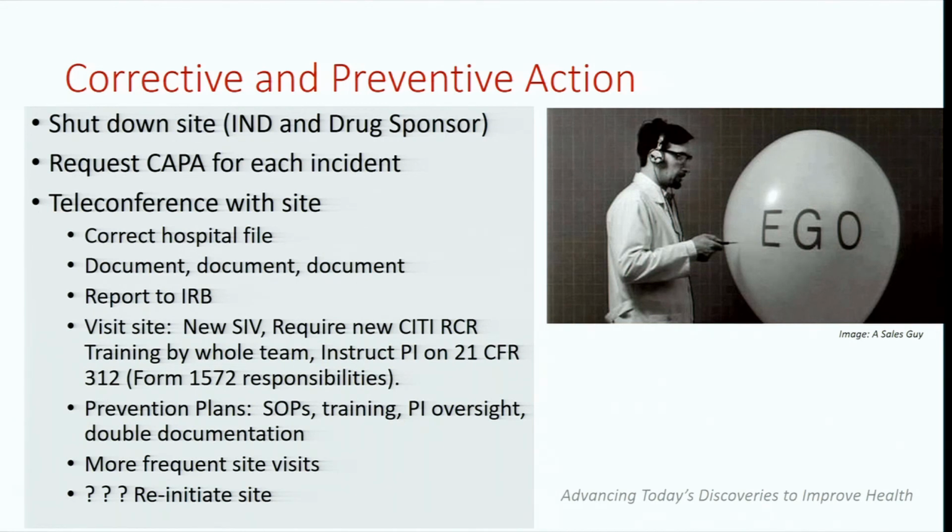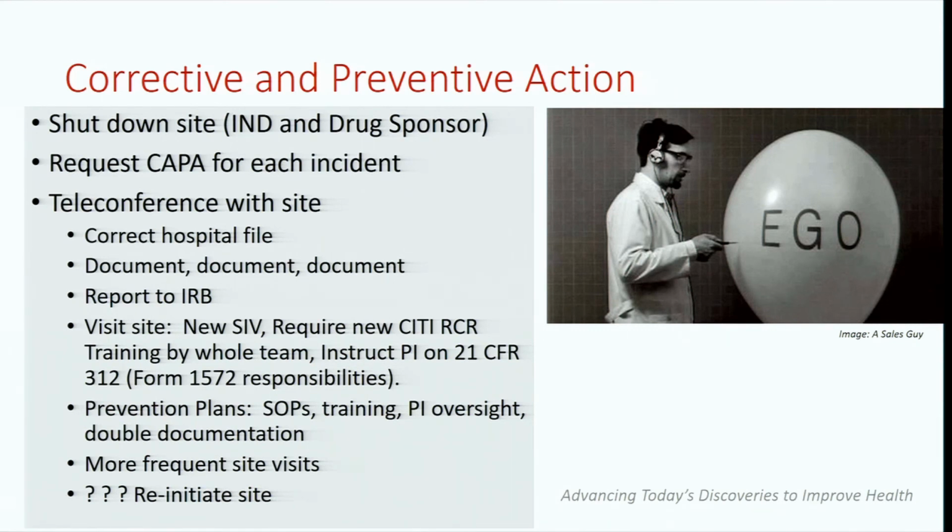And then this site is going to be scrutinized with a lot of face-to-face site visits as a result of this. The remote thing isn't going to work as well. It may require both the investigator and the coordinator and the staff to go back through training and document this. This is all about documenting, fixing the problem.